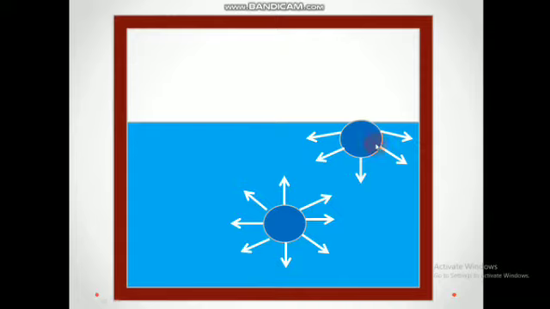But in case of the particle on the surface, it is not happening, right? There is no other force to cancel off this one in the opposite direction. So when there are opposite forces, they cancel off, but in this case, they are not cancelling off. So the net force experienced by this particle on the surface will be in this direction, right?